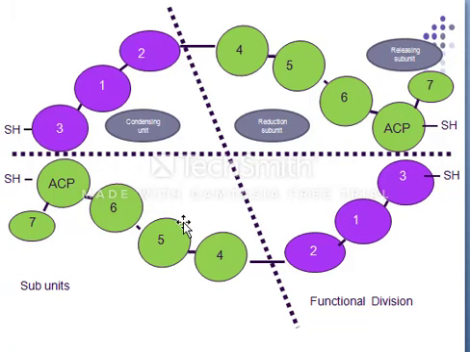The multi-enzyme polypeptide complex is coded by a single gene. Thus, there is good coordination in the synthesis of all enzymes of the fatty acid synthase complex. All these enzymes are in equimolar concentration. They are well regulated and do not interfere with other metabolites.